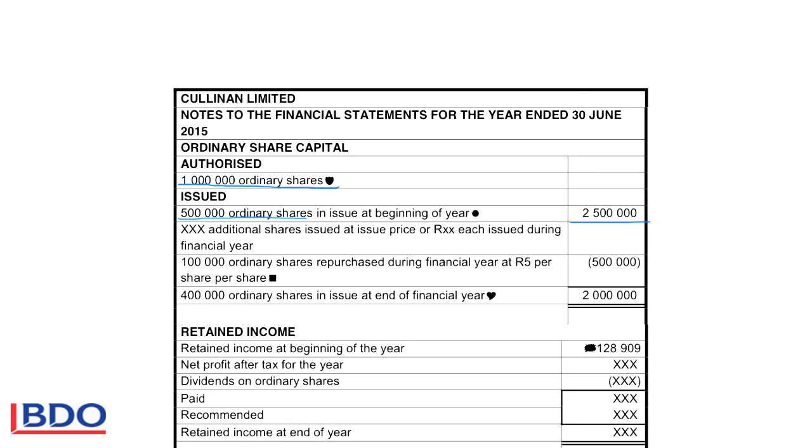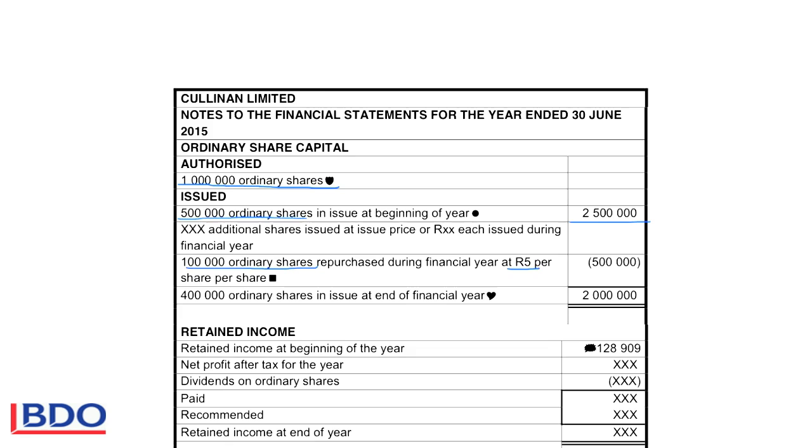If the company decides to repurchase shares, it means that we have to show that 100,000 ordinary shares were repurchased at the original price. So originally it was sold at 5 Rand, and you can just pay it back at 5 Rand, taking money from your ordinary share capital.